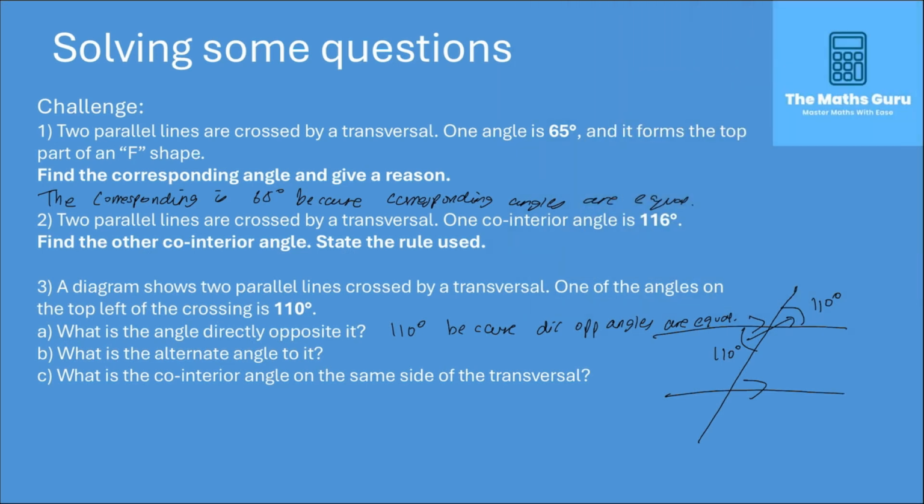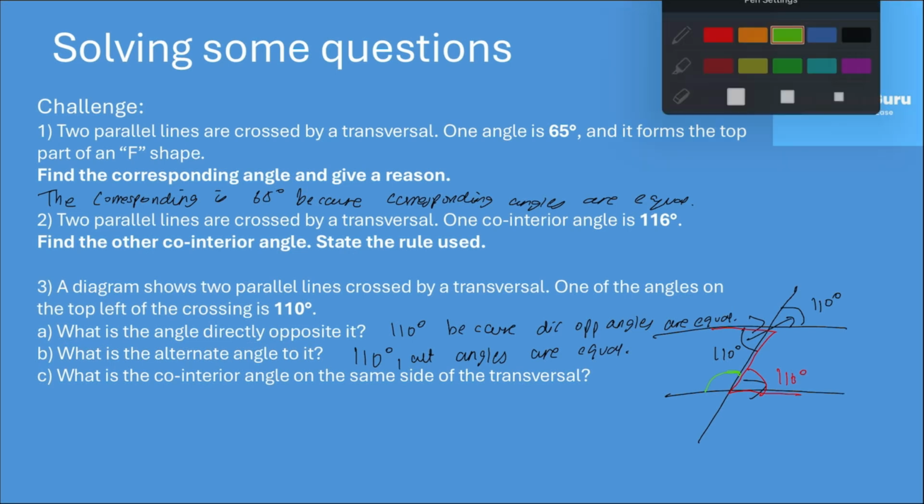Okay. What is the alternate angle? Remember, the alternate angle is our Z, and in the two corners, so that will also be 110 degrees because alternate angles are equal. What is the co-interior angle on the same side? So it now wants us to find this angle here.